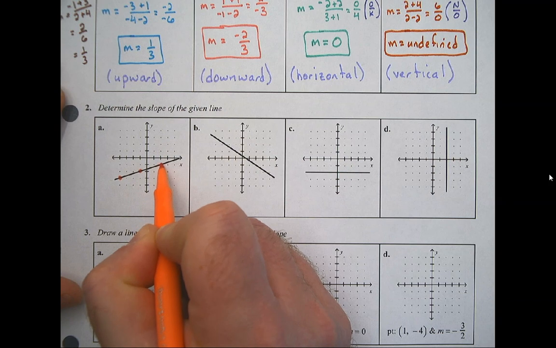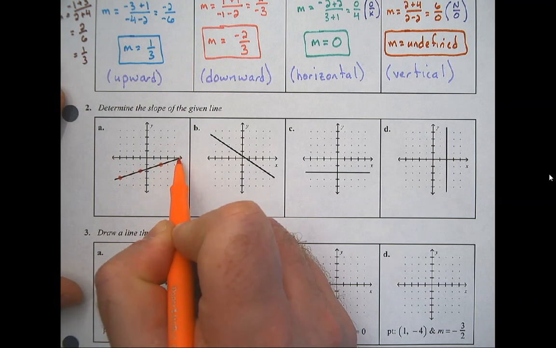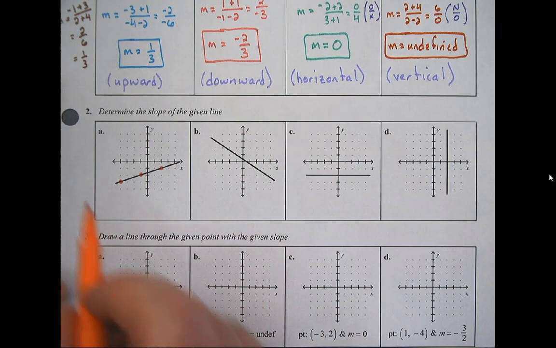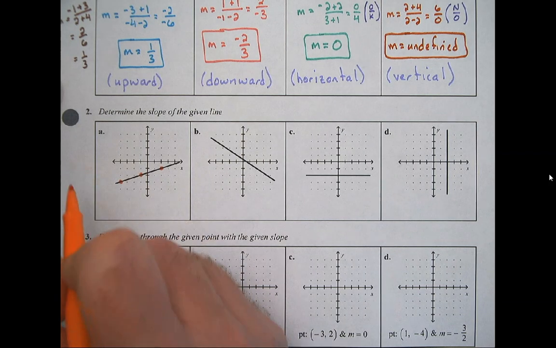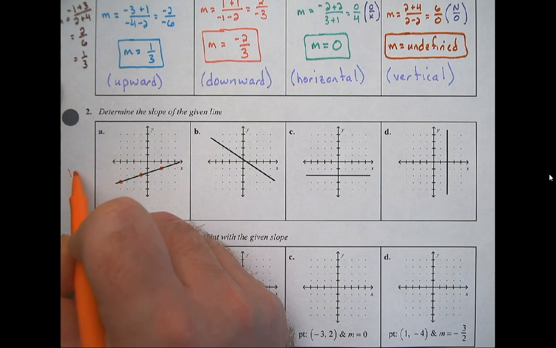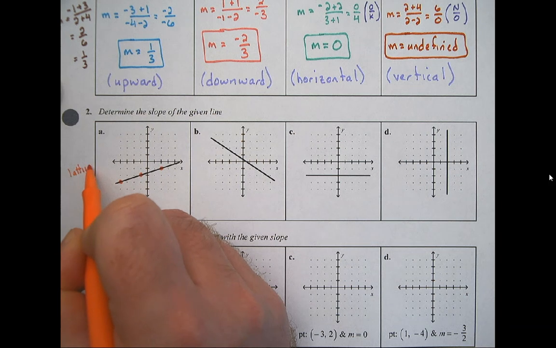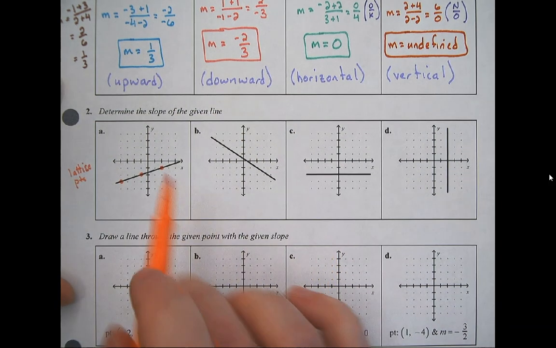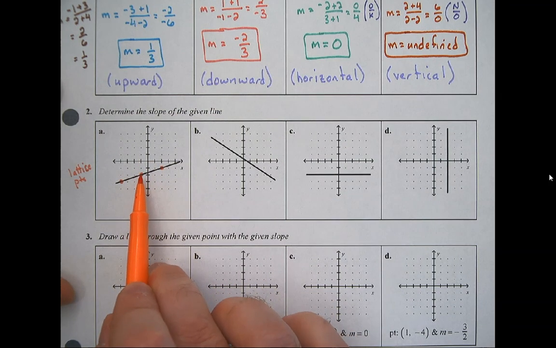There's another nice point. It looks like down here there would be another one. But those are what we call lattice points. Lattice points are points that have integer, whole number coordinates.